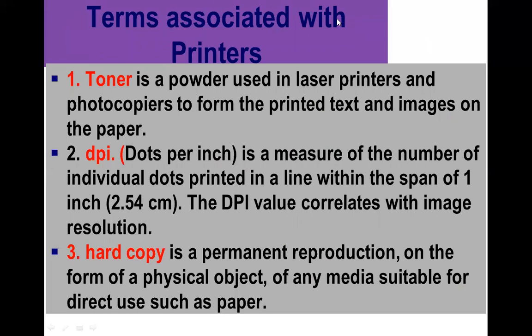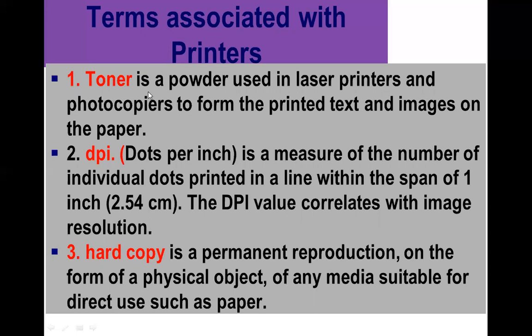These are the terms associated with printers. With printers, we have what we call the toner. Toner is a powder used in laser printers and photocopiers to form the printed texts and images on the paper.